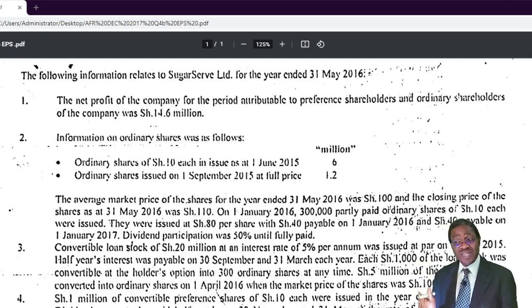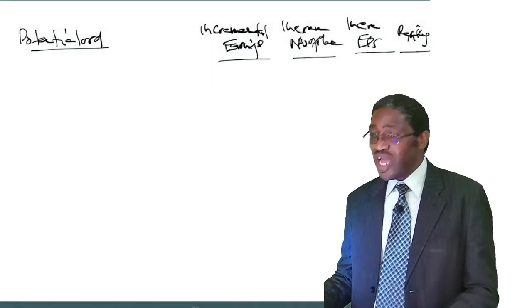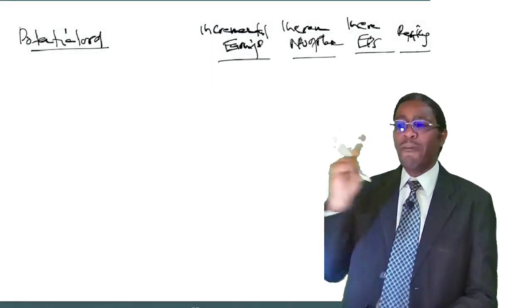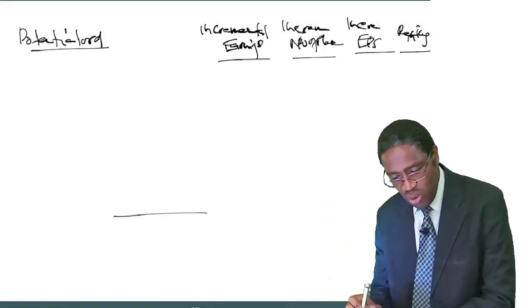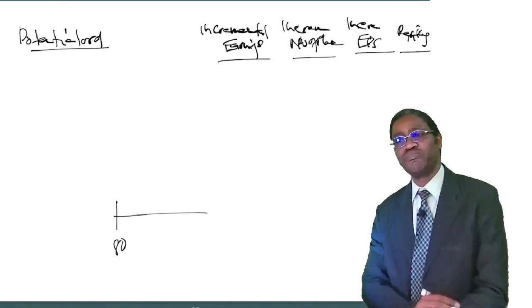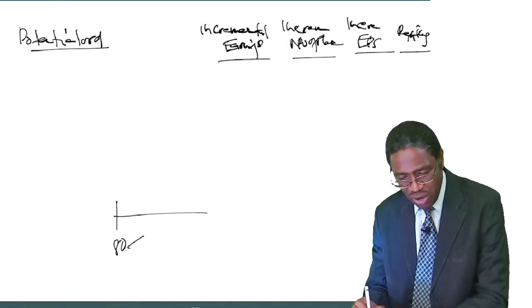So it means by the end of this year, our company still has some partly paid shares. We say partly paid shares are considered to be dilutive. Remember, we issued one share at 80 bob, though they only paid 40 out of this.